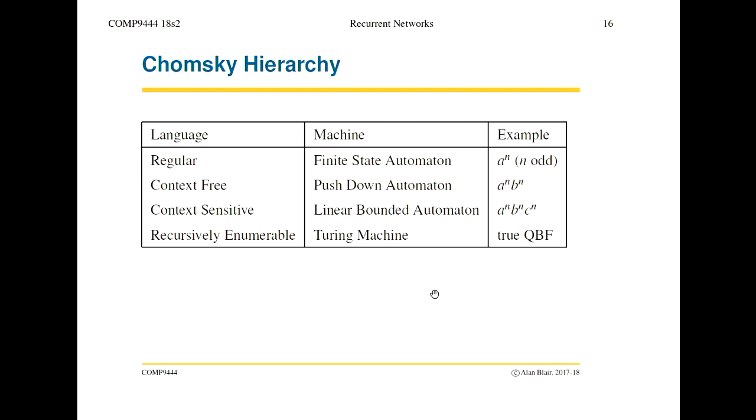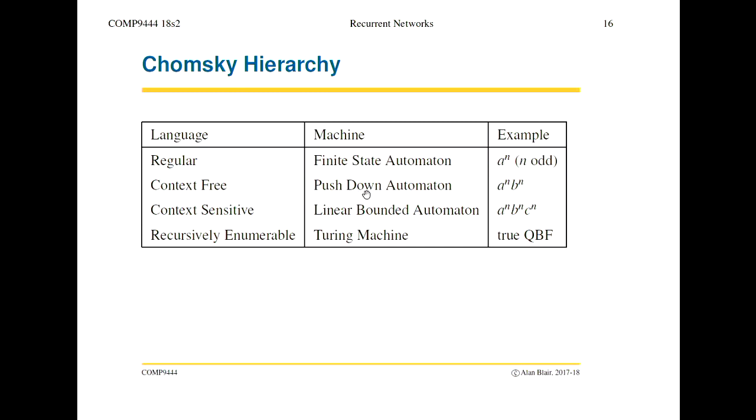The ones that can be processed by a finite state machine are called regular languages, and then you have context-free languages and context-sensitive languages and recursively enumerable languages. So there's a whole bunch of theory behind this, but for our purposes, we just train networks on a few simple examples from these different classes of languages, and then try to analyze the dynamics.